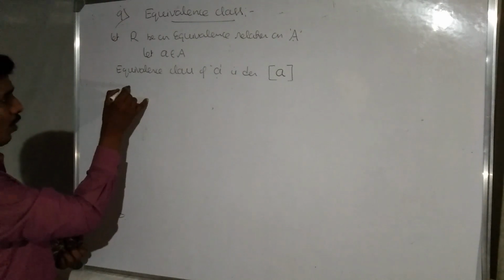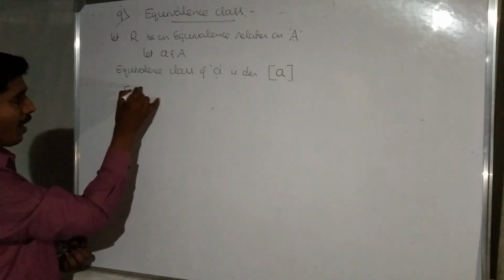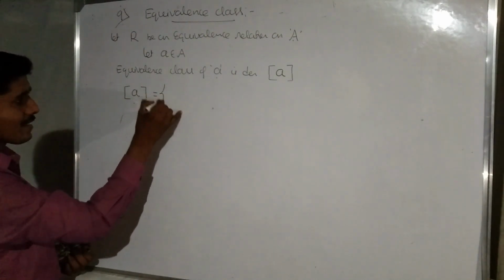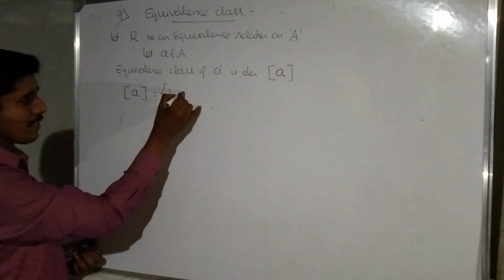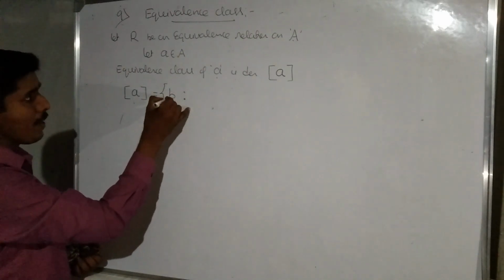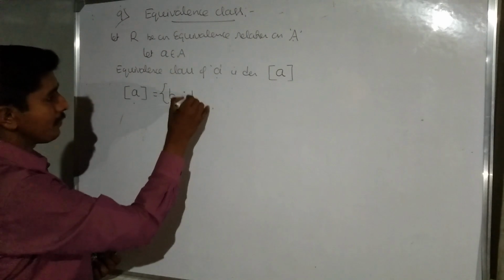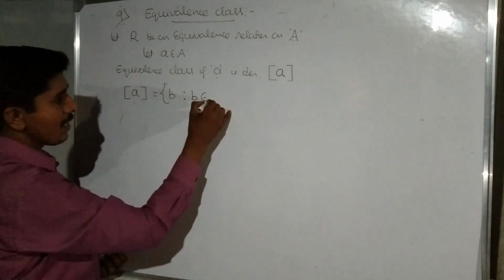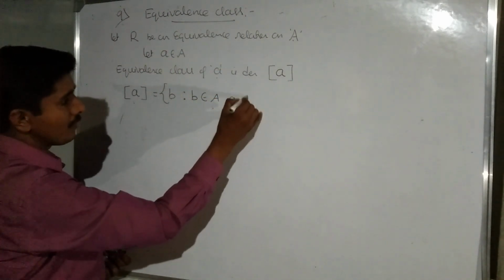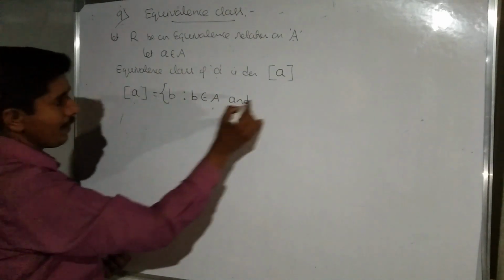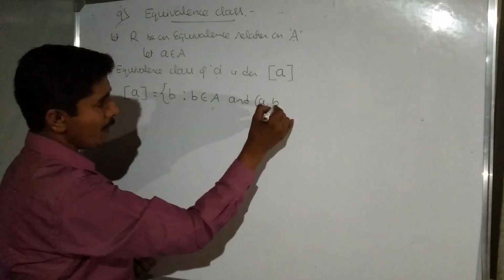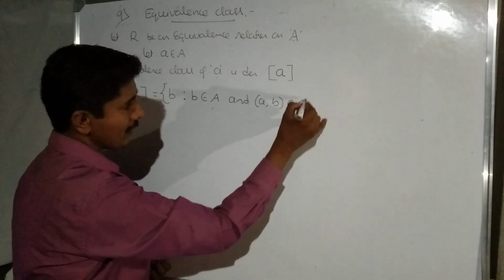The equivalence class of a, denoted [a], equals the set of all b such that b belongs to the same set A, and a is related to b, that is, (a, b) belongs to the relation.